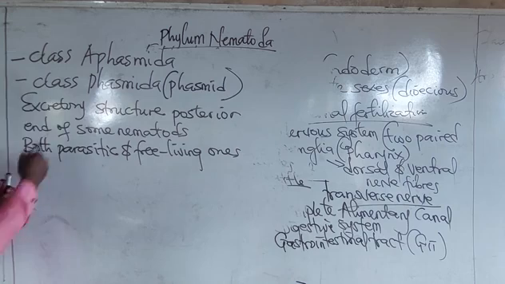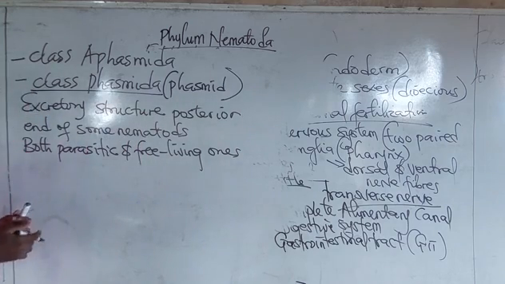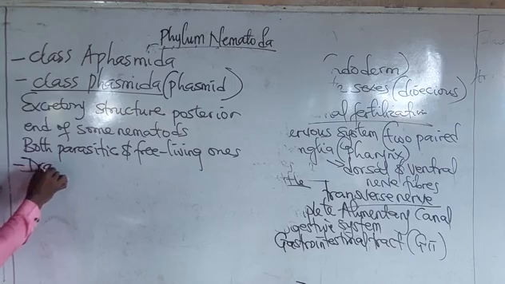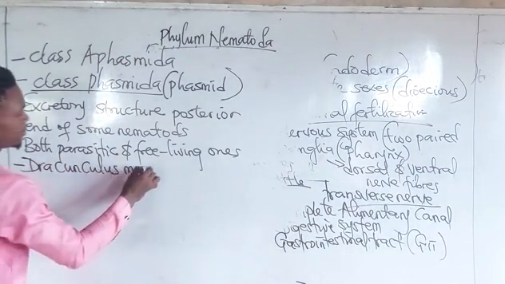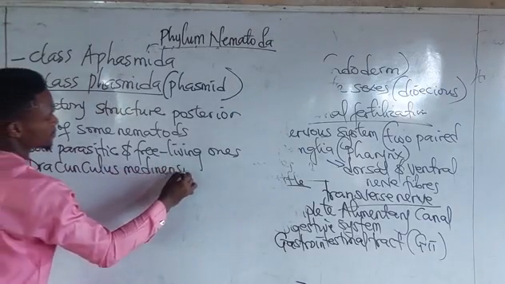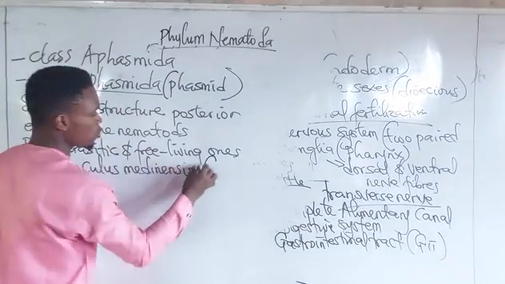Examples of nematodes under class Phasmida are Dracunculus medinensis. This is called what?